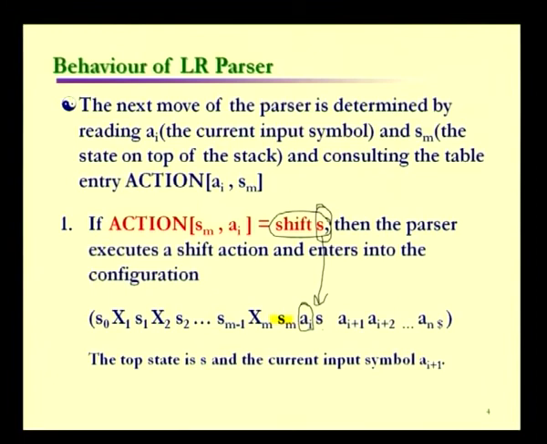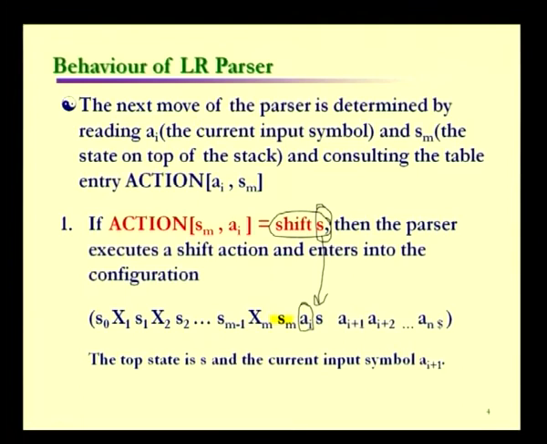Now the grammar symbol ai is bounded by a pair of states, sm and s. What is the change made on the buffer? One symbol is missing. Earlier the current input symbol was ai; now the buffer is ai plus 1, ai plus 2, etc. up to an, and finally the dollar.